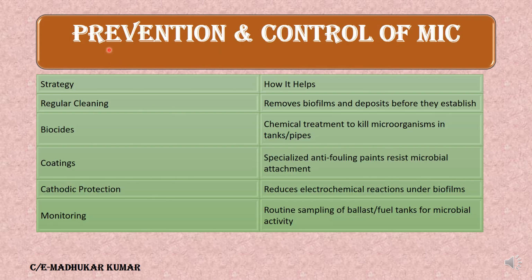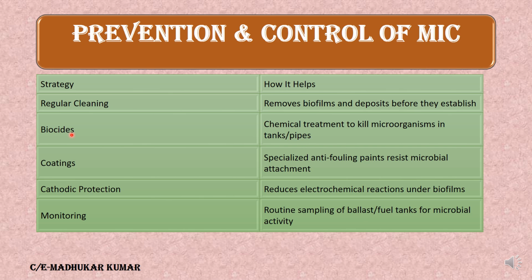What are the prevention measures? It is very important to discuss how MIC can be controlled. What should be the strategy, and how is it going to help you reduce corrosion? Regular cleaning will remove biofilms and deposits, and if they are removed, then of course the MIC impact will be less.